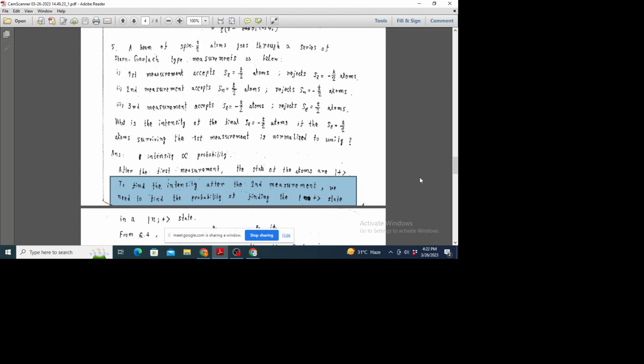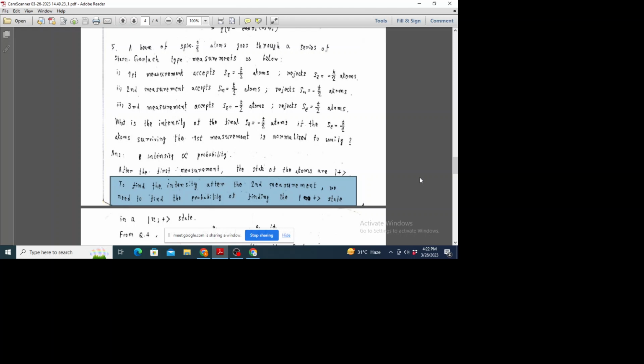So now we have to find the probability of the atoms to be in the s dot n plus h cut by 2 state. Only those atoms which have s dot n eigenvalue h cut by 2 will be allowed to pass through the second measurement.